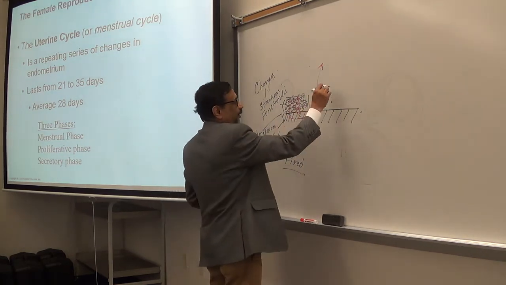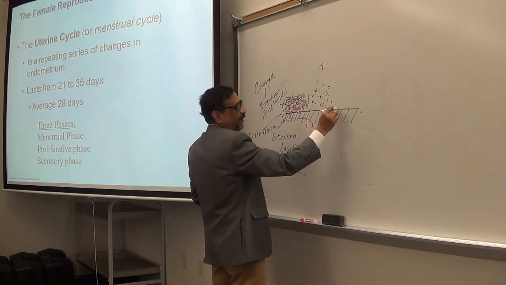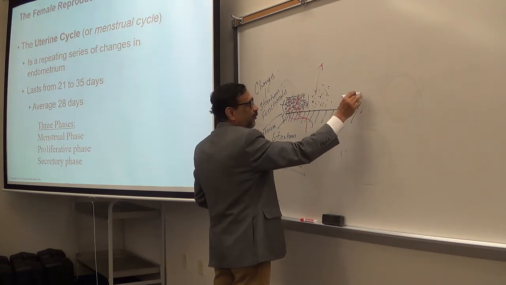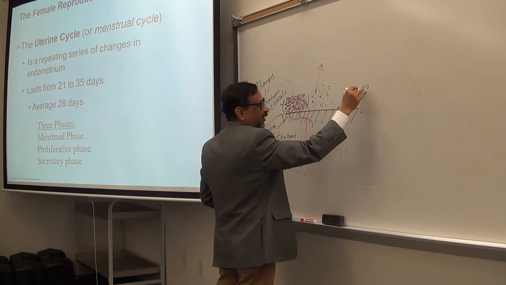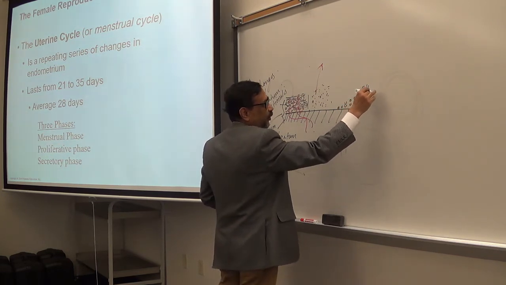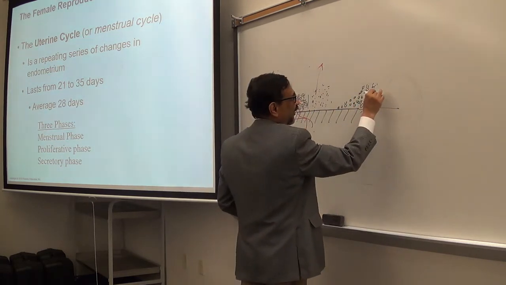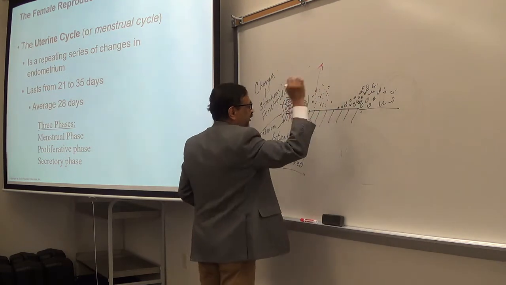And then, after the whole functional layer is destroyed, a new functional layer will be formed. That is called proliferation, increasing the number of cells to form that soft bed again.